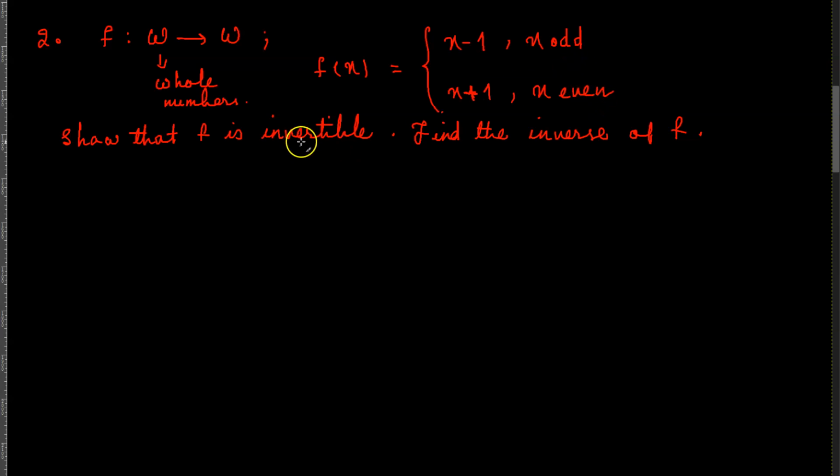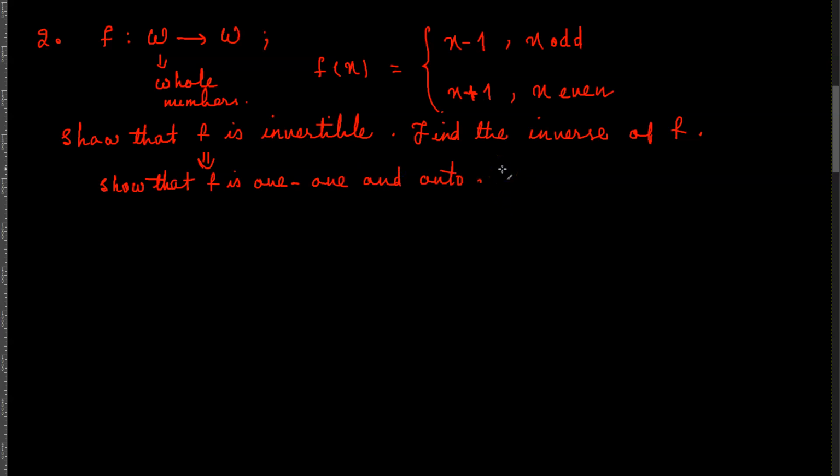You want to show that f is invertible, and you want to find the inverse of f. So in order to show that f is invertible, of course you need to show that f is 1-1 and onto.